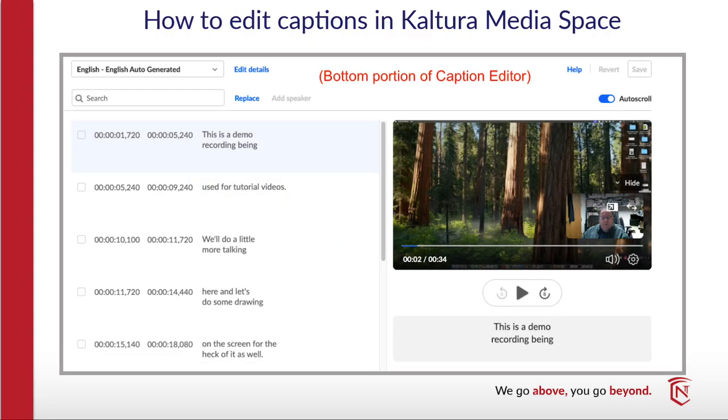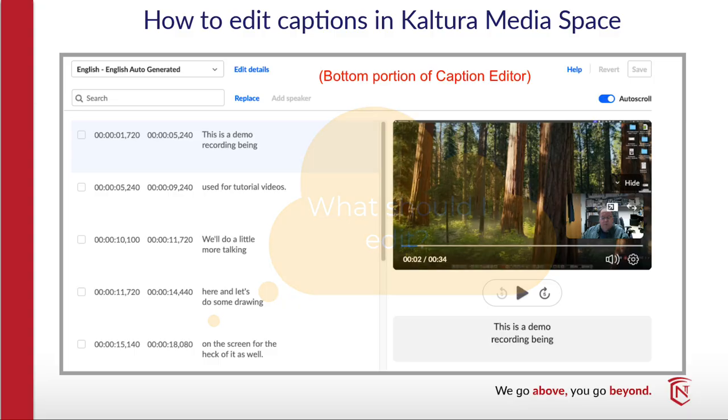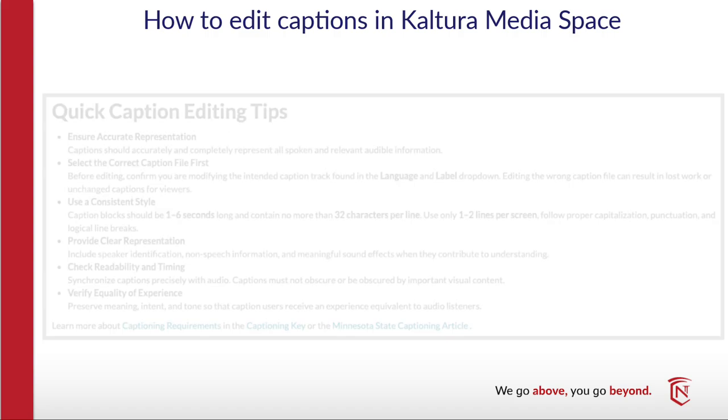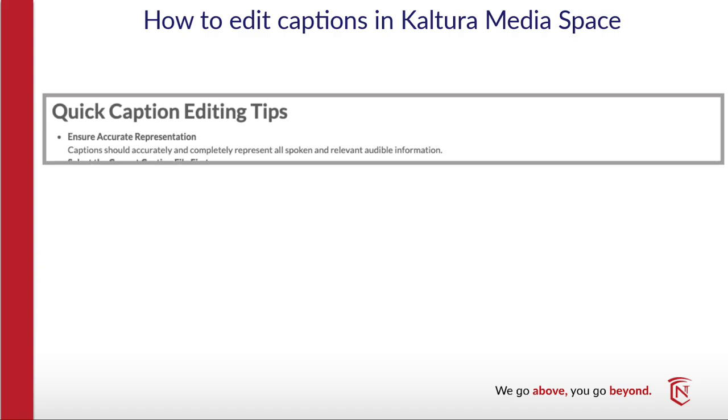So, as you begin to review and edit, you may be wondering, what should I specifically be looking for and editing? The first suggestion would be to review the tips at the top of the page. Looking at the list, we have ensure accurate representation.